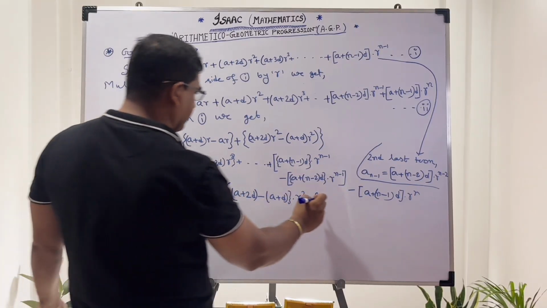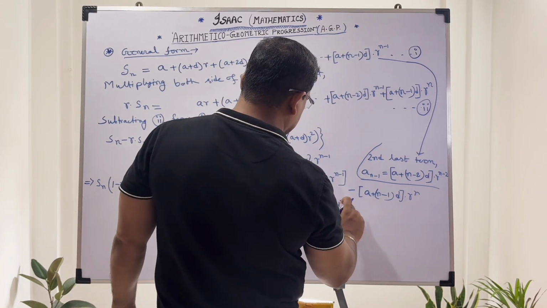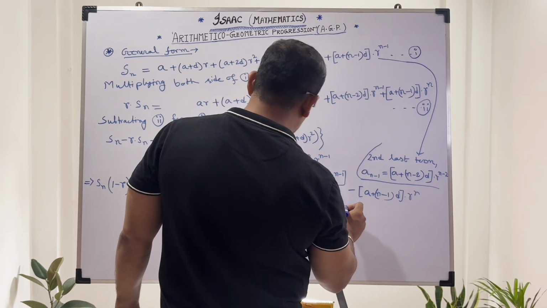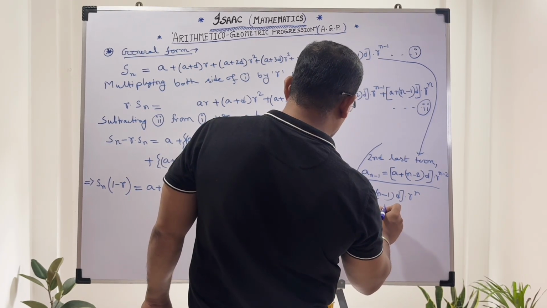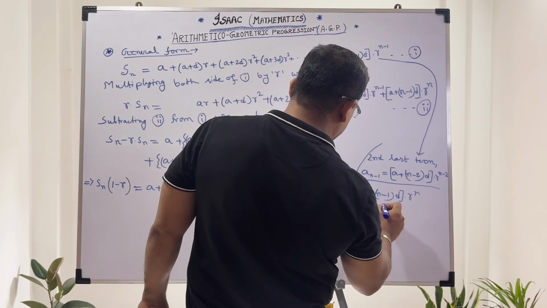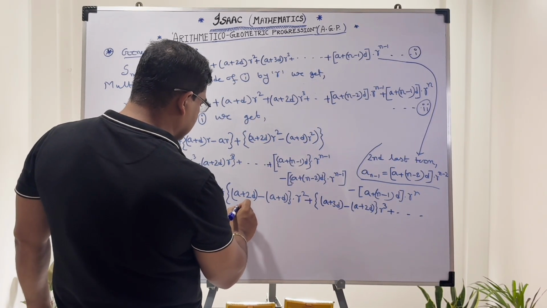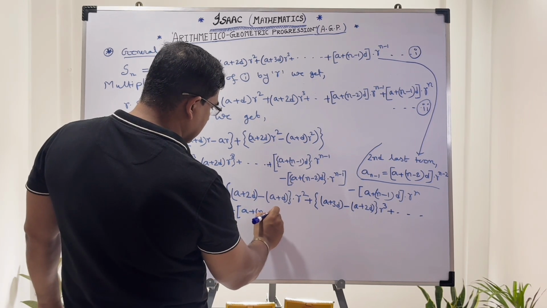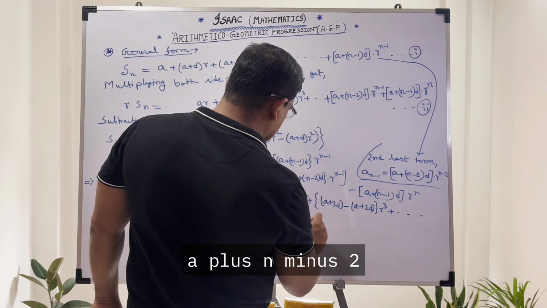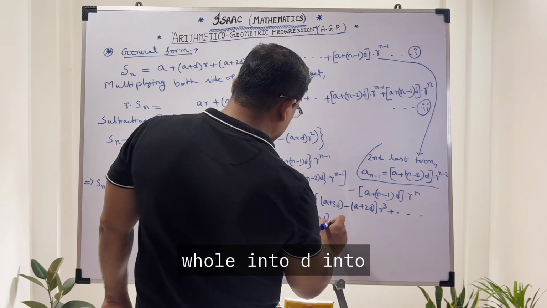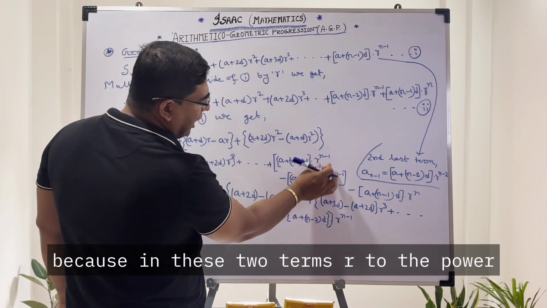from these two A plus 3D minus of A plus 2D whole into R cube, plus continuing plus A plus n minus 1 whole into D minus of A plus n minus 2 whole into D into R to the power of n minus 1, because in these two terms R to the power n minus 1 is a common factor.